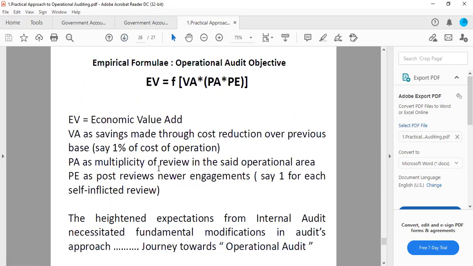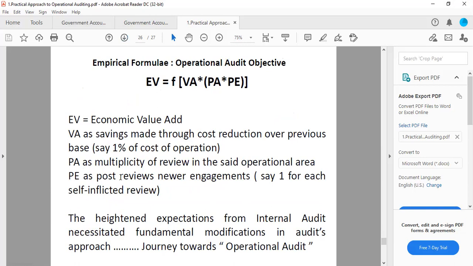Then for our empirical formula for operational audit objective. We have here the economic value added, which is a function of the savings based on the cost reduction over the previous base, meaning the point of comparison from the previous values or amounts. PA is the multiplicity of review in the said operational area.